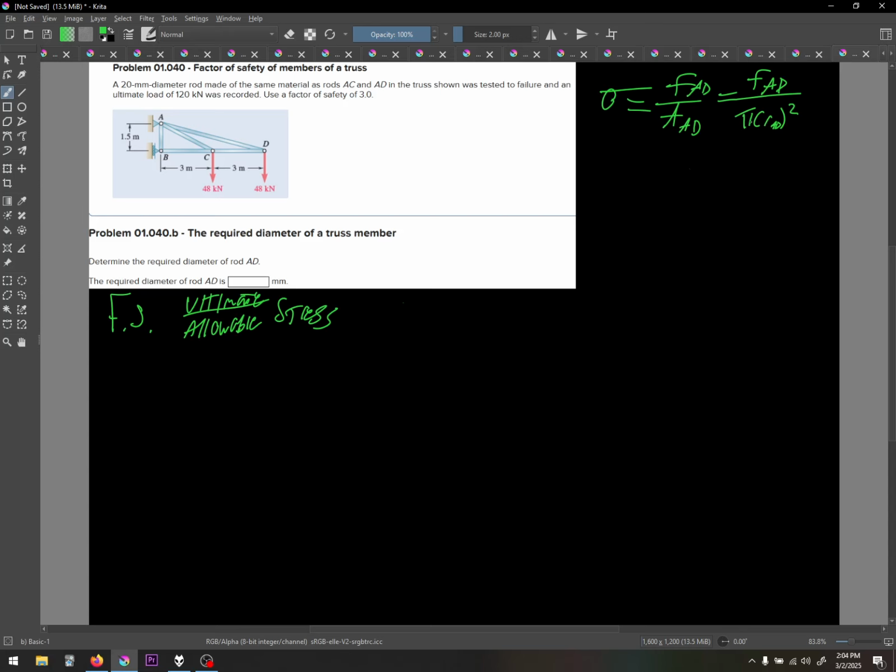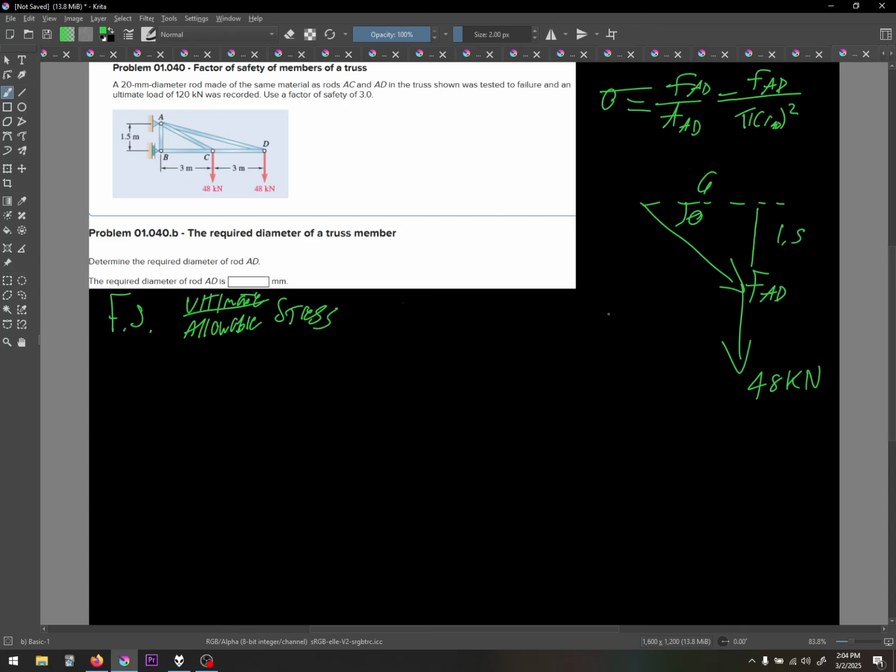So from here, let's see, what do we have to find out? This is going to be FAD with a load of 48 kilonewtons on the end here, and we have this angle theta, and it's going to be 6, and then down is going to be 1.5.